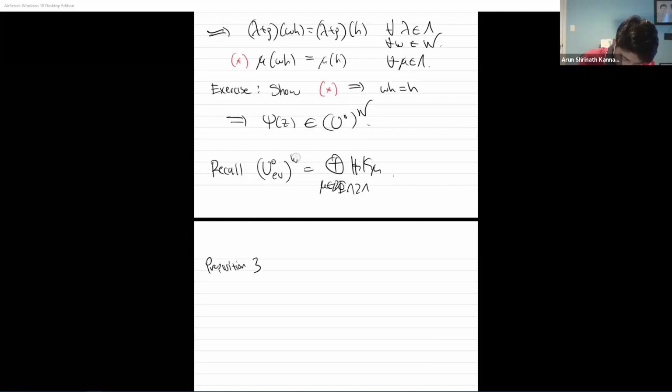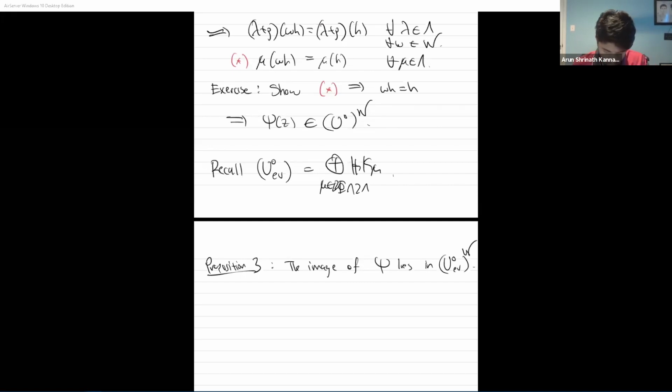Yeah, without W invariance, right? And then we have the following proposition. So the image of psi lies in U naught of W. Okay. I guess I should remark that W also stabilizes 2 times the weight lattice. So this is well defined.